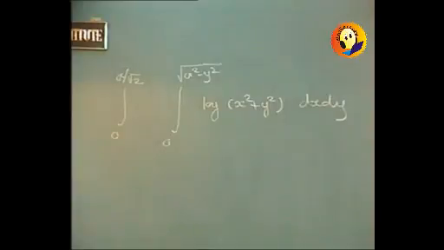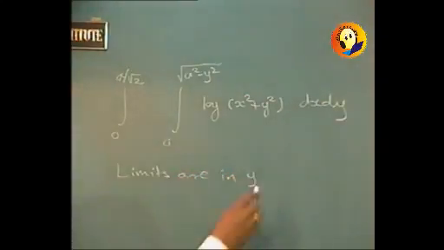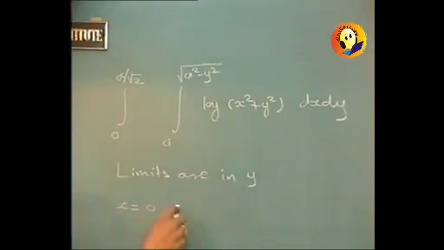The same statements we are required to make here, that is, the limits are in y, therefore these are values of x. So on a strip, x varies from x equal to 0 to x equal to under root a square minus y square.